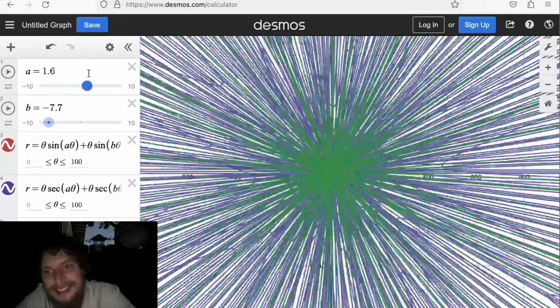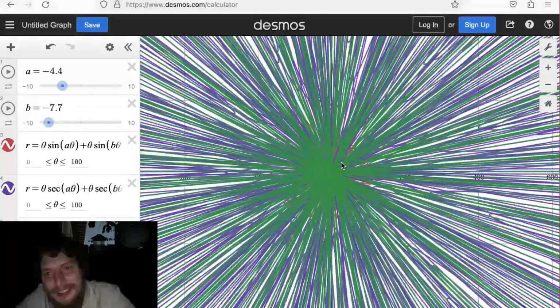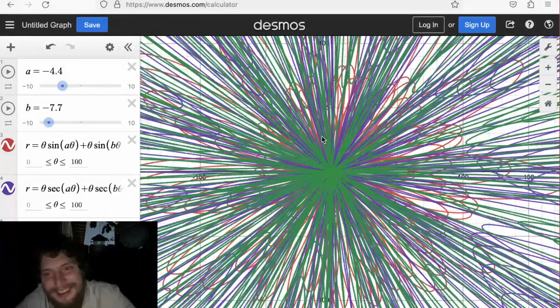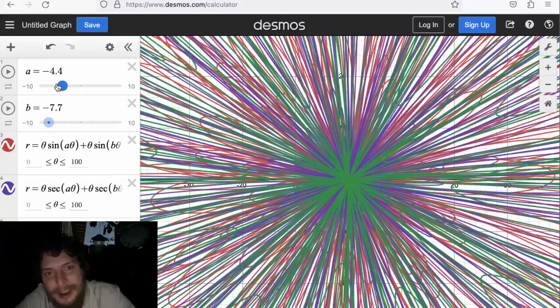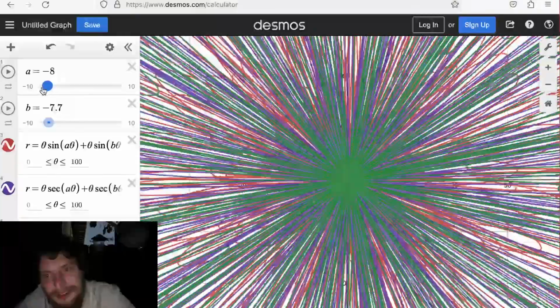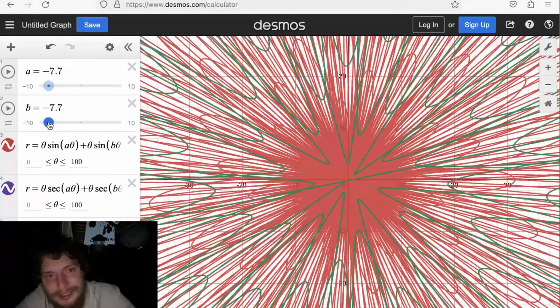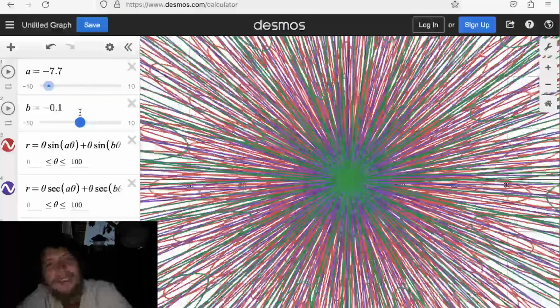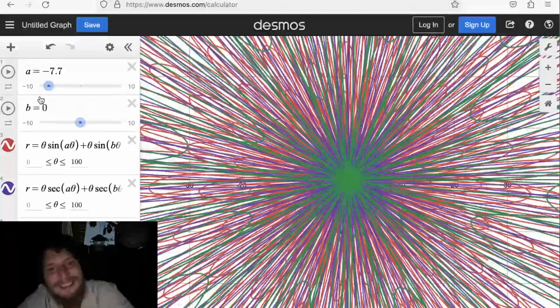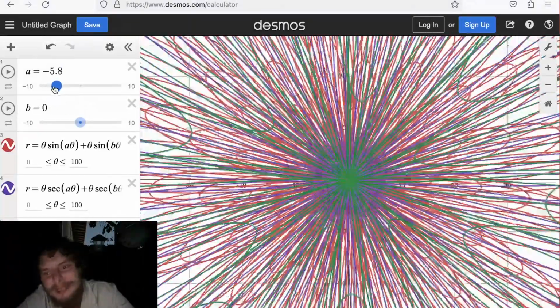Where was a scale where I could actually see this better? For example, if I'm here, let's see. It's hard to find a combo of them where they look clear enough. What if I set B to 0?